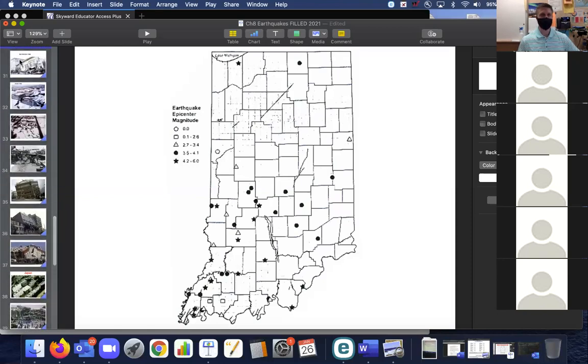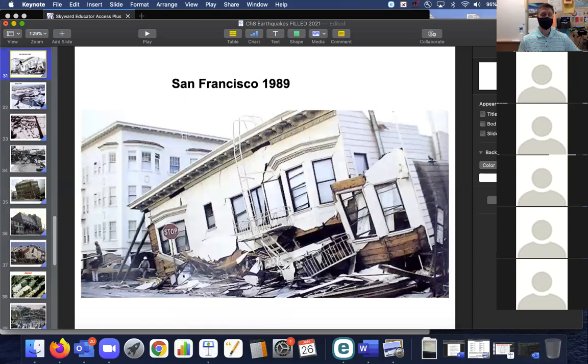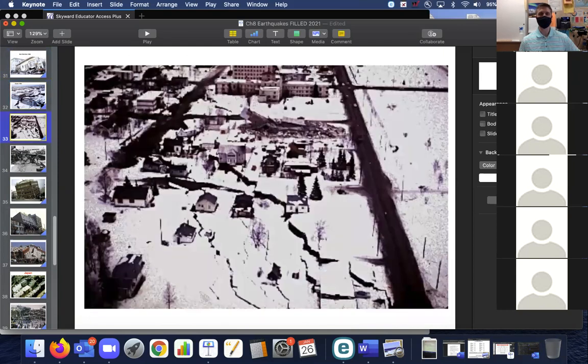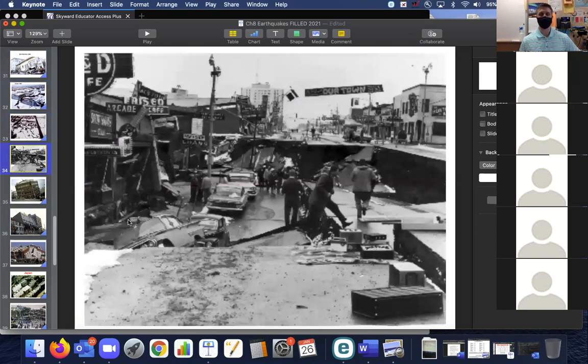All right, and this just shows damage from earthquakes from different places around the world. Here's some from San Francisco, which is in Northern California, where they have a lot of earthquakes. Alaska had a really big earthquake in 1964. This is also Alaska.